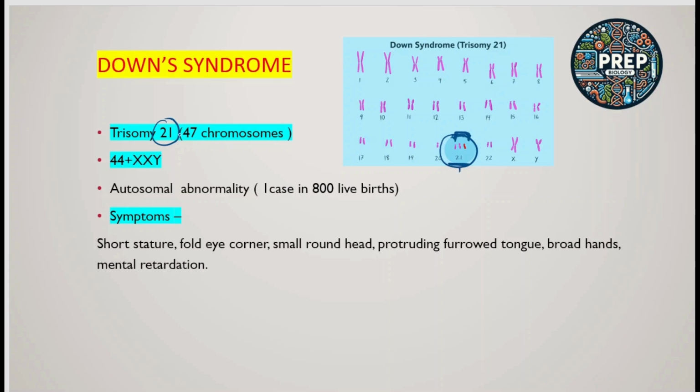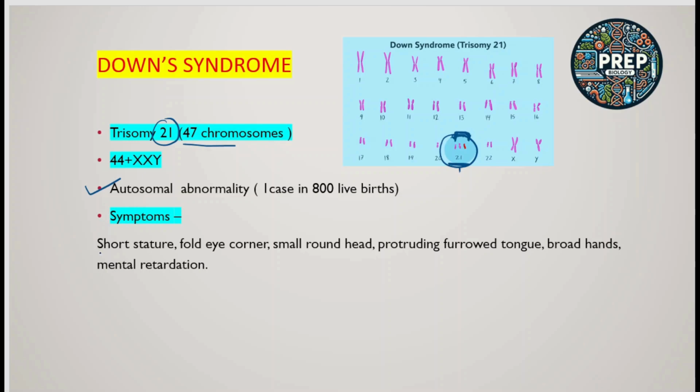So the total number of chromosomes in the patient is 47. I hope this is clear to you all. Down syndrome is an autosomal abnormality.